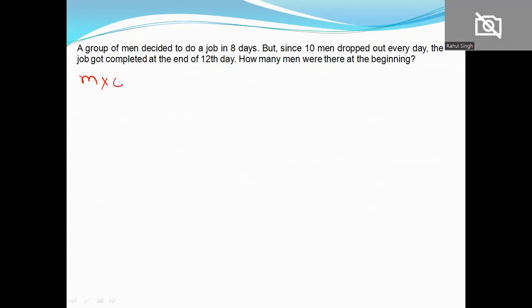If they can do it in 8 days, this is the total work. So 8m is the total work that is required to be done by a certain number of men. But the problem is that every day 10 men are dropping out. So what will happen on day 1? Men will work on day 1.